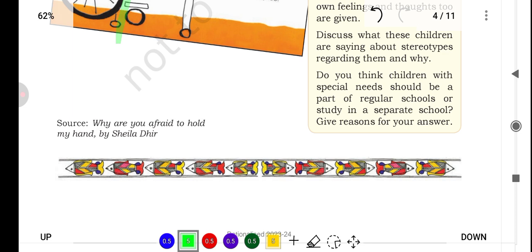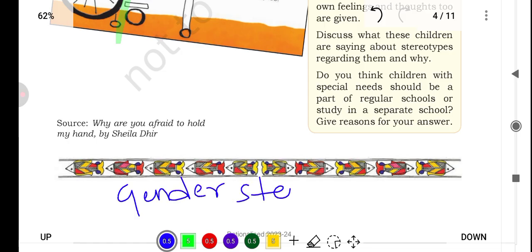So what we inferred from these two pages: gender stereotypes often perpetuate the belief that boys don't cry despite being well behaved, soft spoken and physically strong.